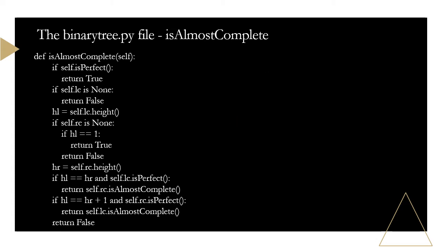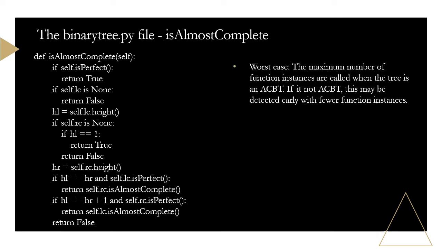Now we are going to do time analysis of the is almost complete function. The worst case happens when the given tree is in fact an ACBT. If the tree is not an ACBT, this may be detected early with fewer function instances.